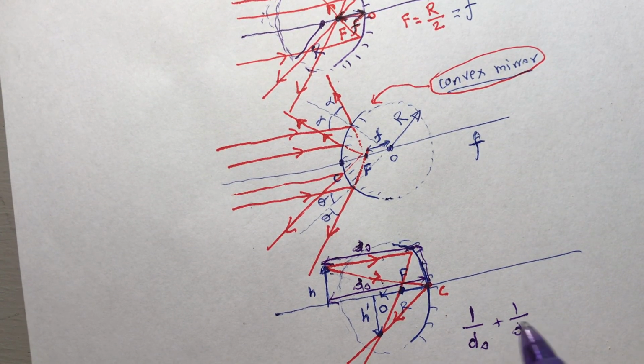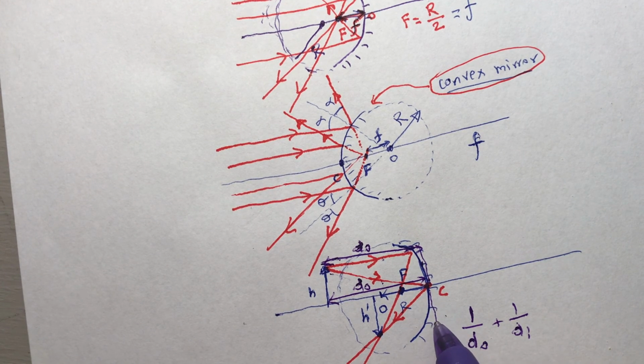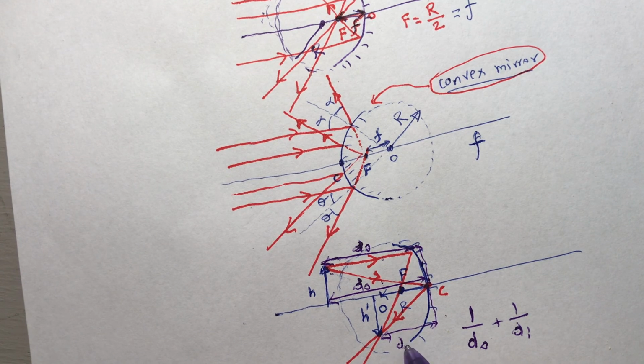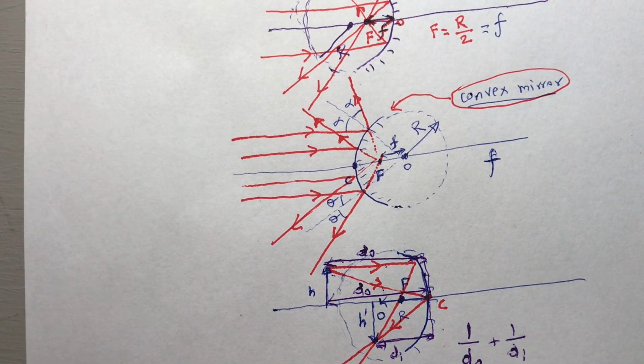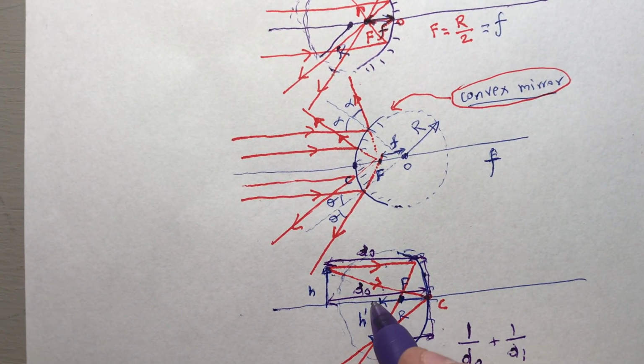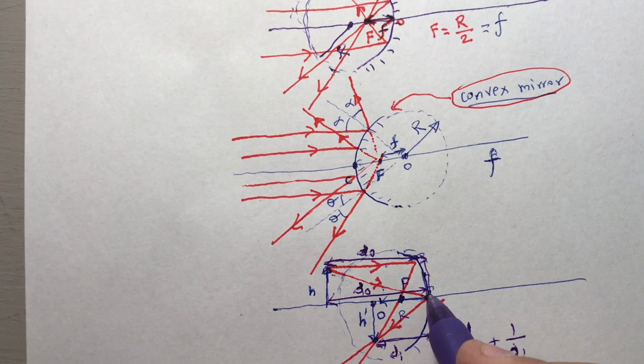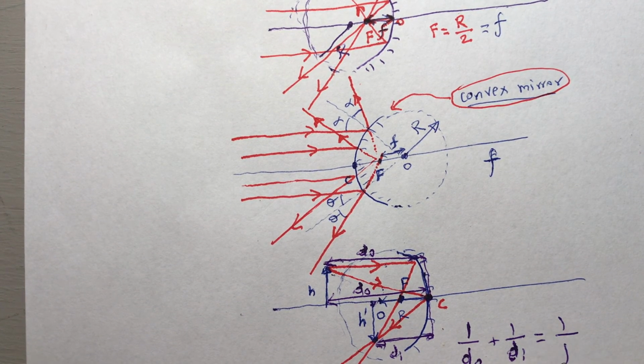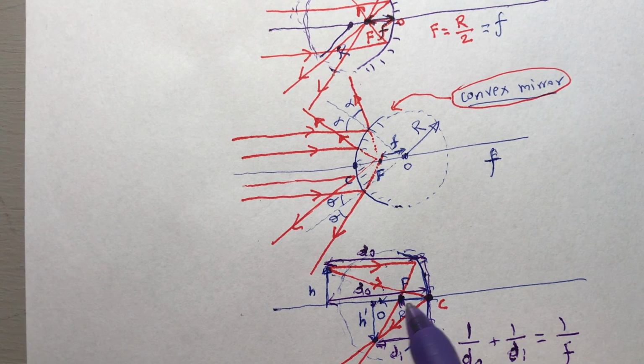The image distance, I go like this, is from here to the center. That's d_i. Okay, so I put here 1 over d_i is equal to 1 over f. And f is this distance from here to there. That's f.